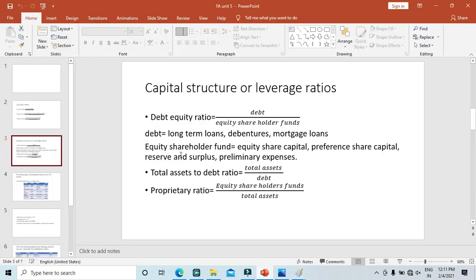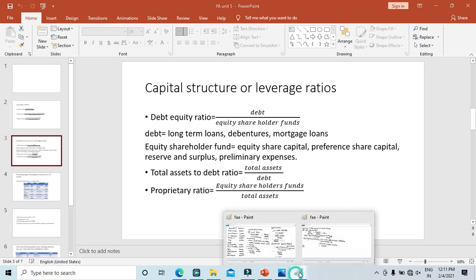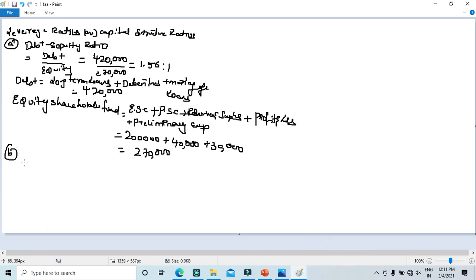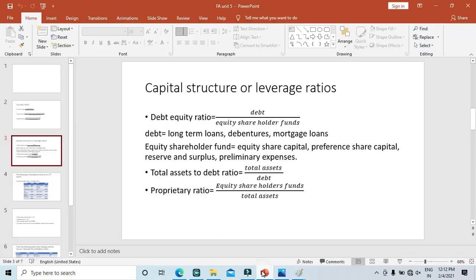Equity shareholders funds by total assets. So here how much will it come to? 2,70,000 divided by 8,40,000. So how much will it come to if you do this? It will come to 0.32:1. Okay, this is how you need to do the problems.